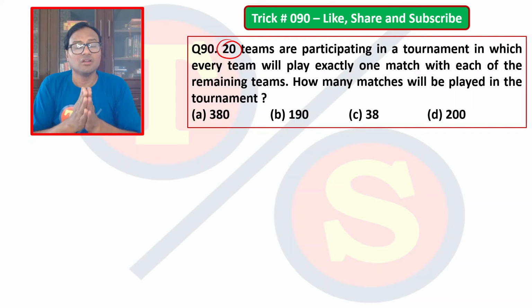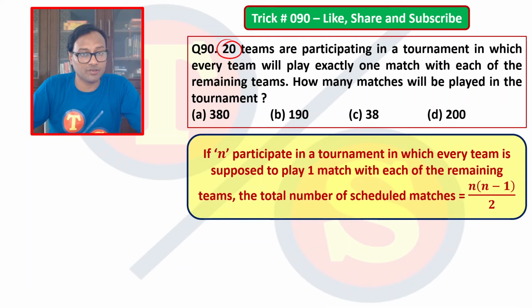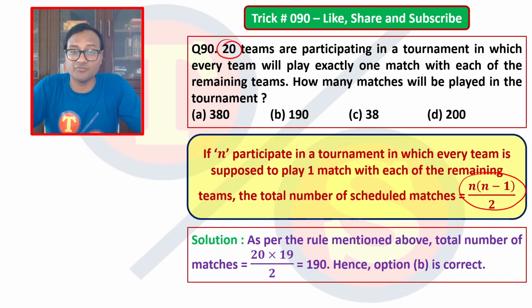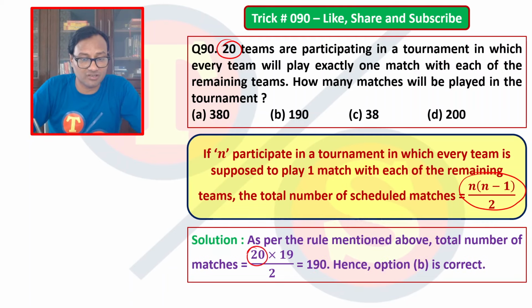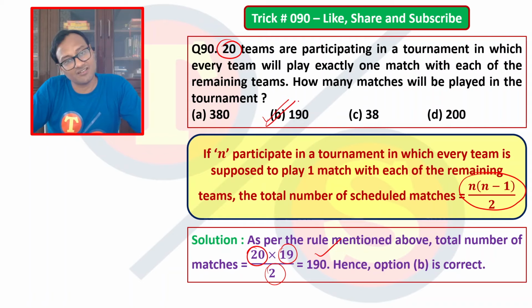So again we have to find the number of pairs. The number of pairs will be equal to the number of matches. So n into n minus 1 upon 2 is again the formula applicable here. If 20 teams are there, 20 into 19 upon 2, altogether 190 matches will be played. Answer option B is the correct answer.